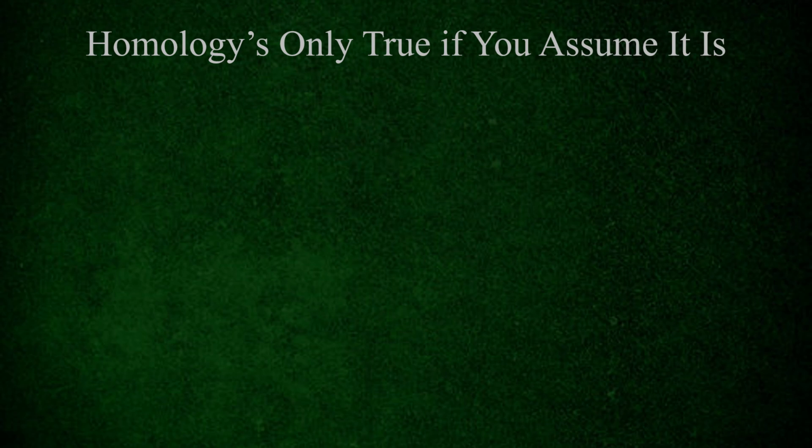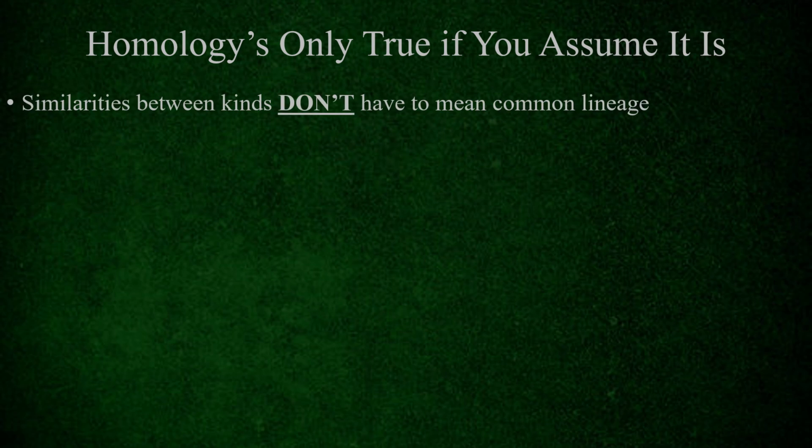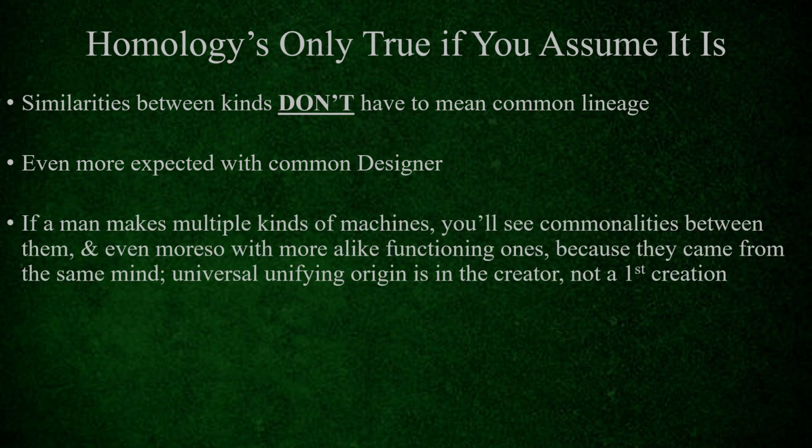So hopefully by now you see that homology is only true if you assume that it's true. Because similarities between kinds don't have to mean that they have a common lineage. And actually, similarities between kinds are even more expected if there is a common designer than if there were a common lineage. So think about it.